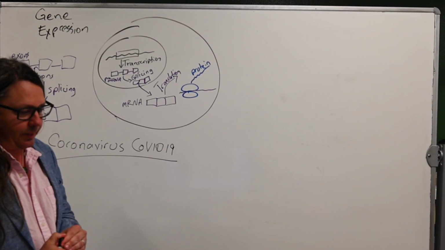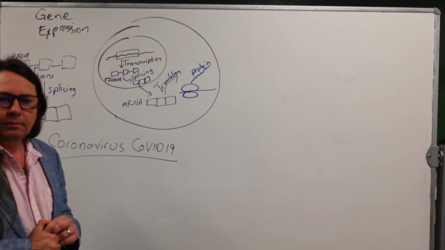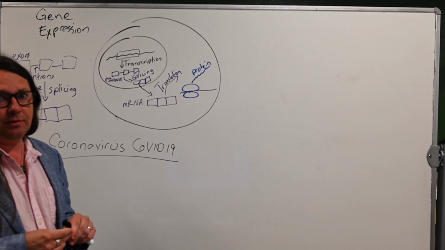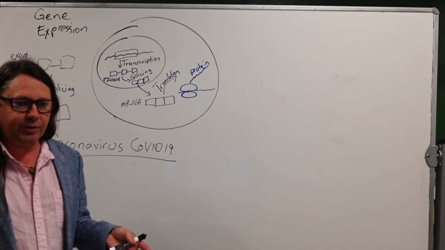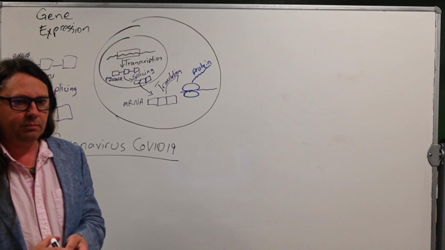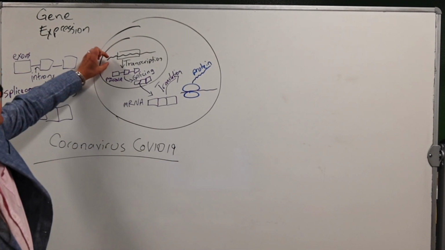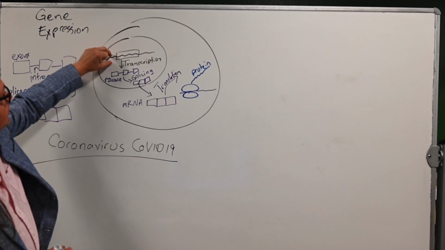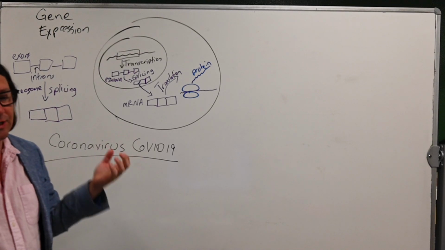What type of nucleic acid? DNA, exactly. So our genome is DNA. Is it single-stranded or double-stranded? Double. Right, it's double-stranded. Each chromosome has two strands. They're double-stranded, and it's DNA. So we have a double-stranded DNA genome.